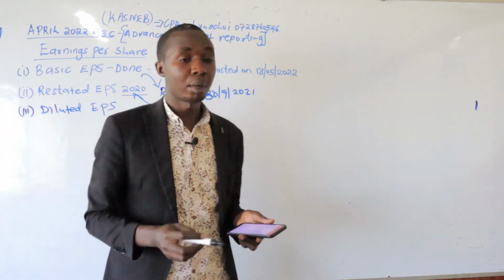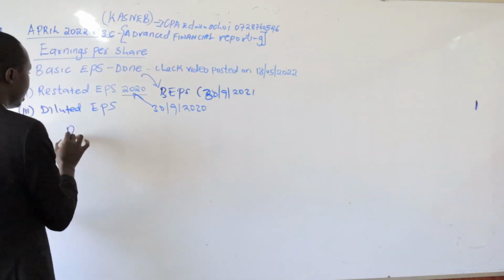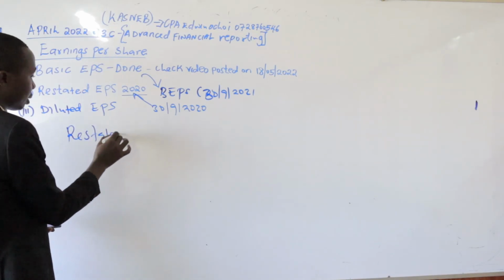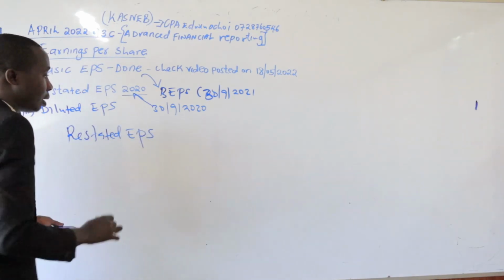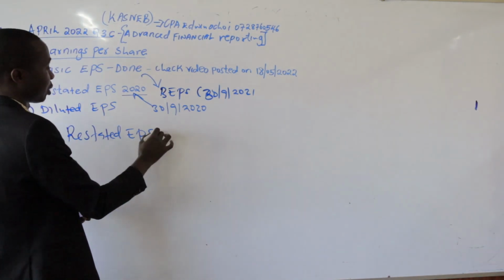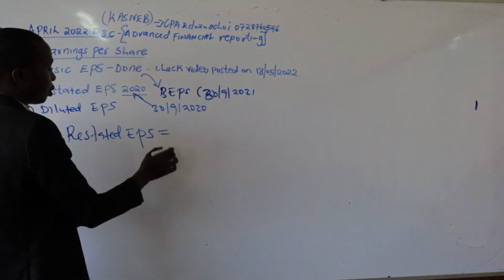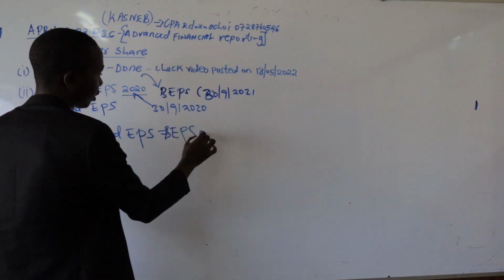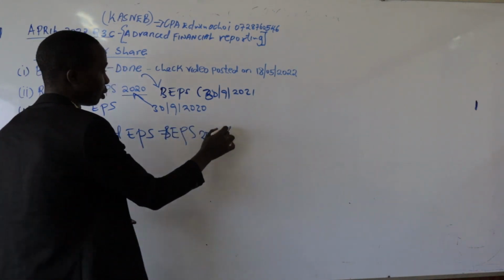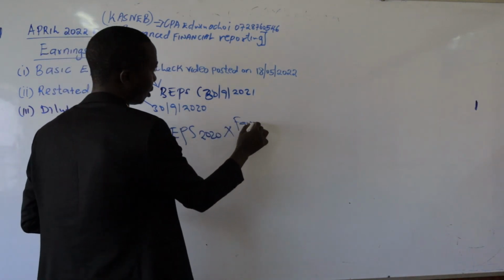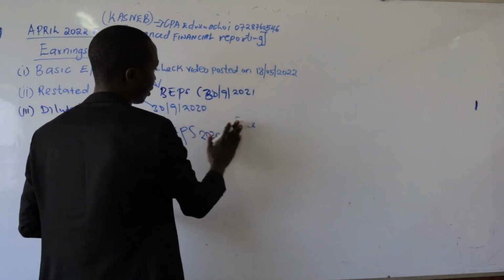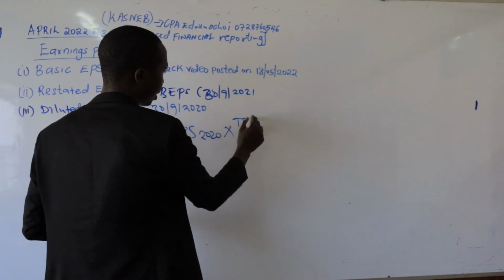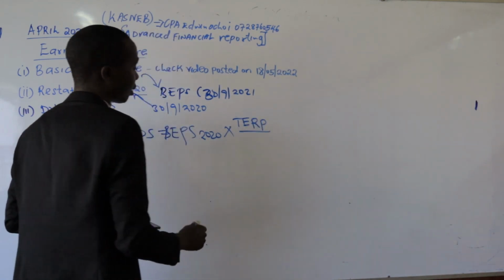So remember that when we talk about restated EPS, and you have the aspect of rights issue, what you do is compute the basic EPS for that year 2020, and you multiply with the theoretical exercise price.